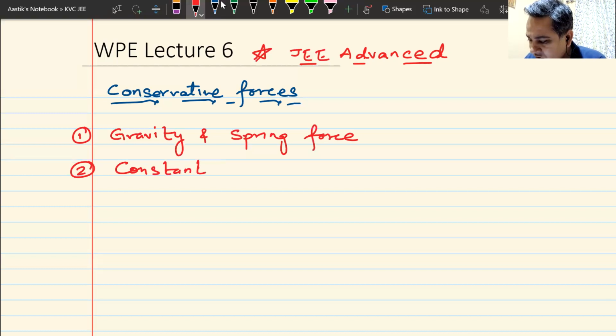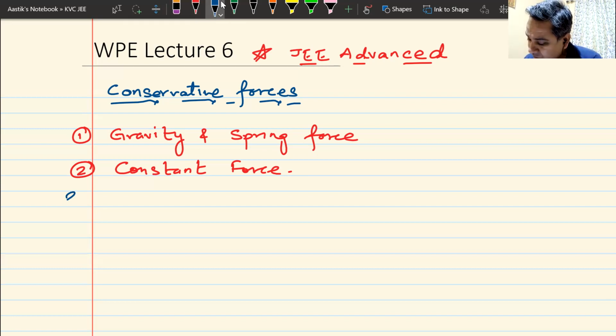Any force that is constant, that does not change its magnitude and does not change its direction, both together. It should not change its magnitude, should not change its direction. That force is always a conservative force.